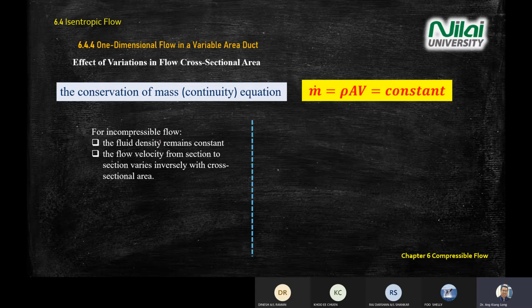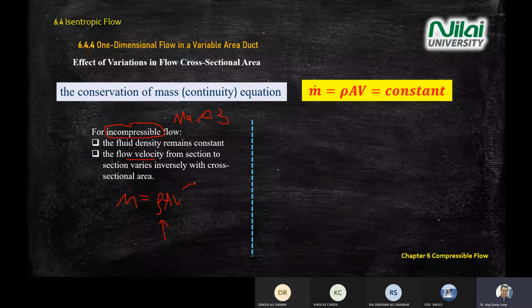So if you have the incompressible scenario, it usually happens at Mach number less than 0.3. Since we are using conservation of mass, m dot equal to rho AV, if you cannot compress, density is constant, right? So if you want to find the velocity and area relationship, how do you write the equation?